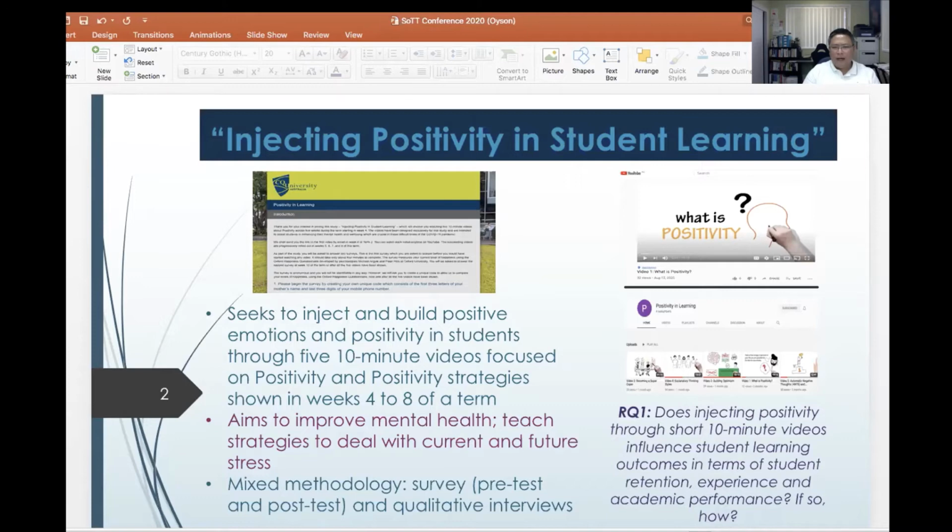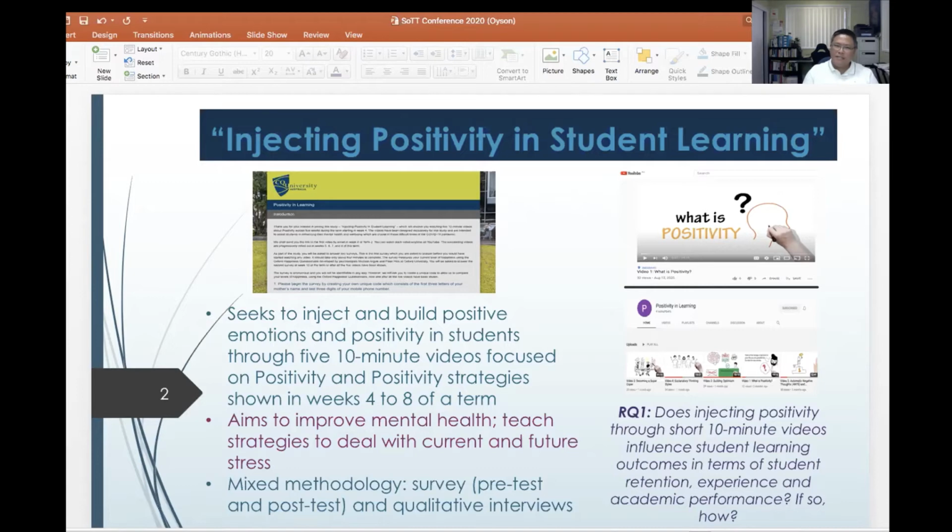As far as our study went, some of you might be familiar with that branch of psychology called positive psychology. According to positive psychology, if people have a higher level of positivity, a very positive outlook about life, then they typically perform well in school, in their work, or even in their life situations.